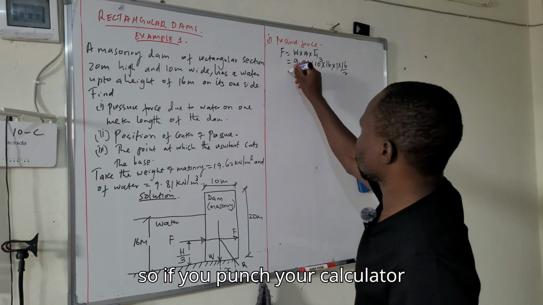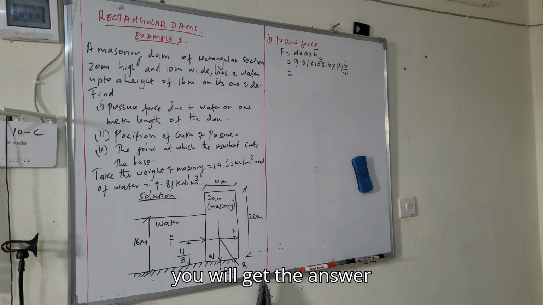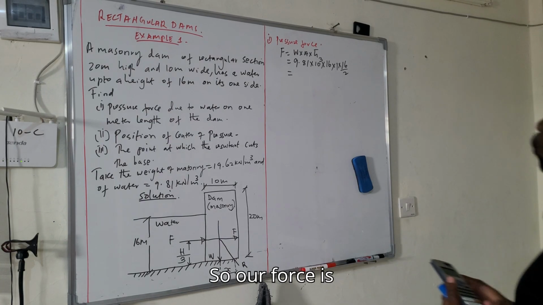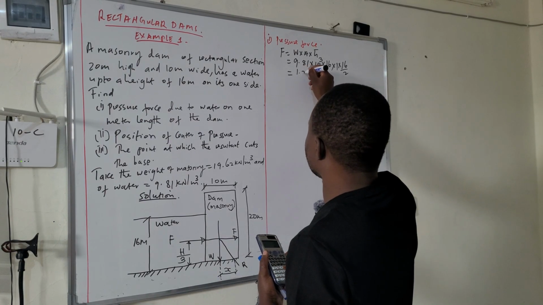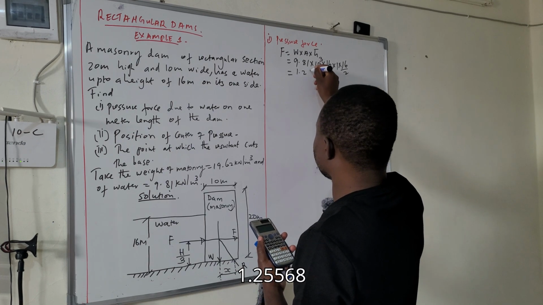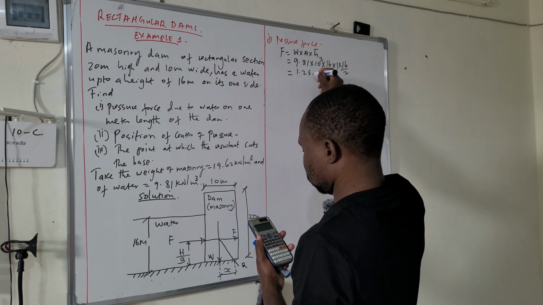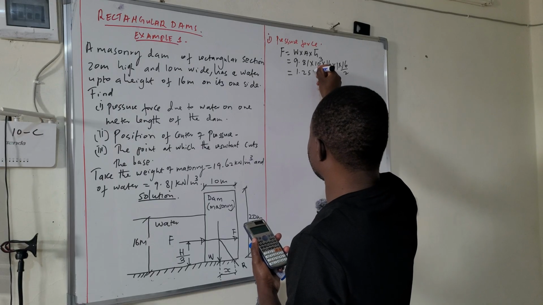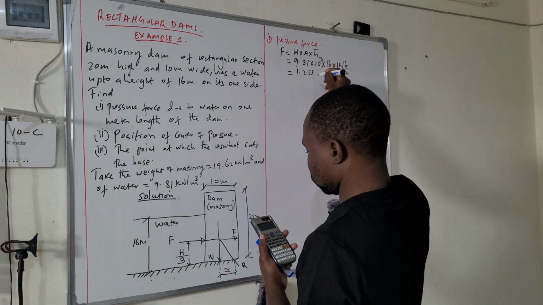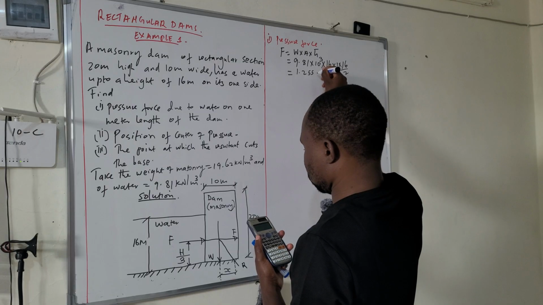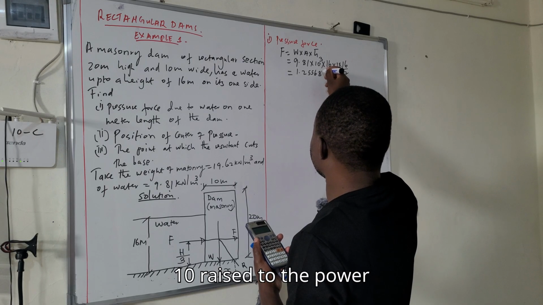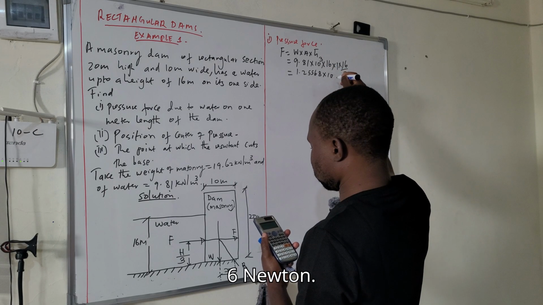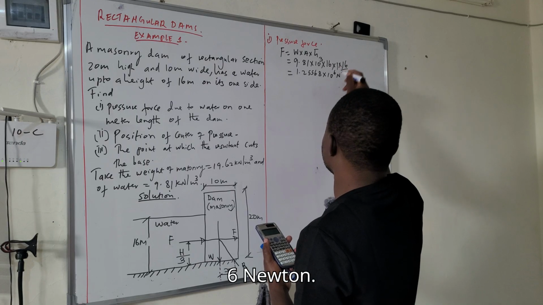If you punch your calculator, you will get the answer. So our force is 1.25568 times 10 raised to power 6 Newton.